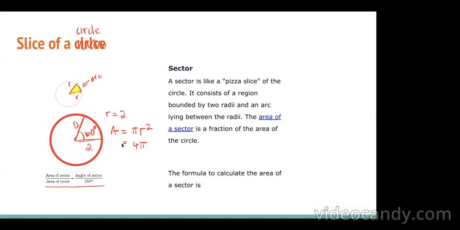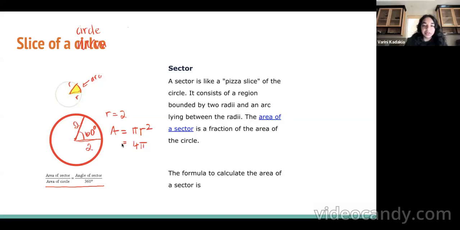And then the area of our sector would just be 60 over 360 degrees times 4 pi, because we're finding a fraction of the circle, and that fraction is 1/6 of the circle.